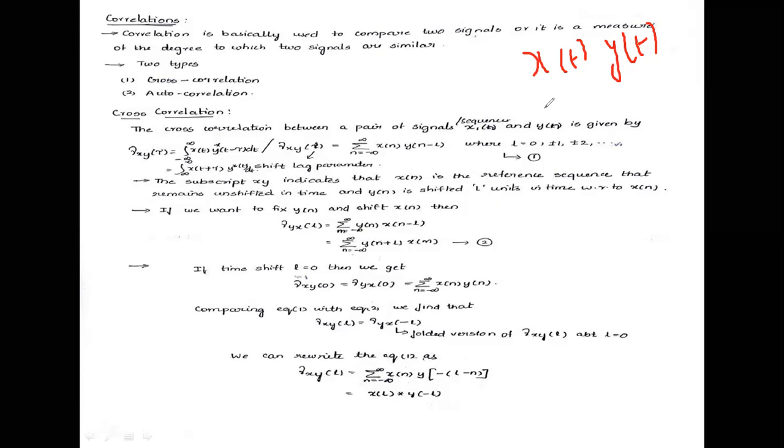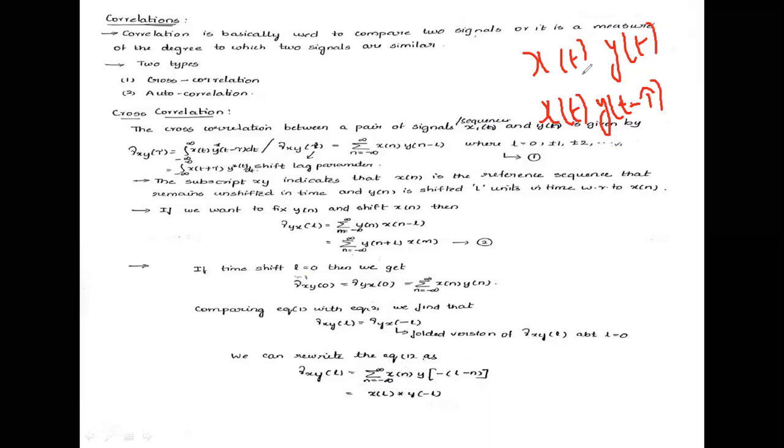And one signal is shifted with respect to the other signal. x of t is a signal. The other signal is shifted by some samples, t minus tau, if I am shifting.